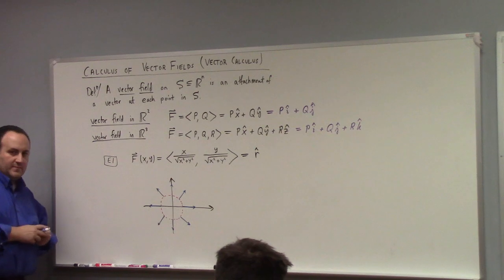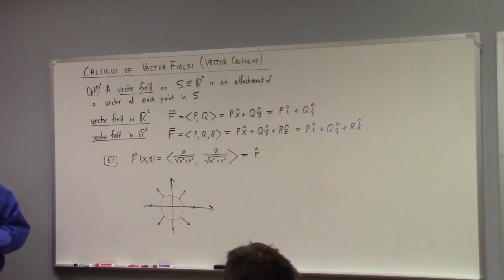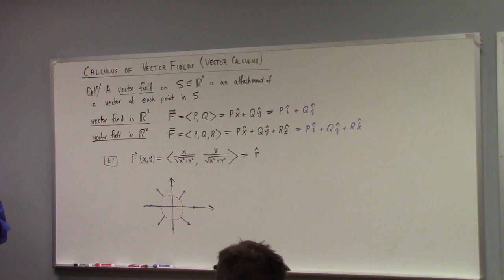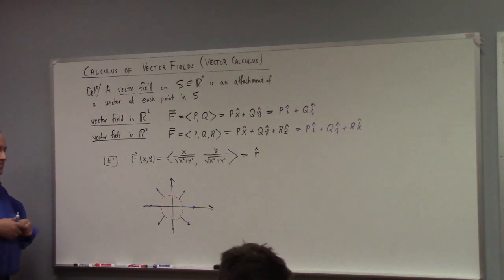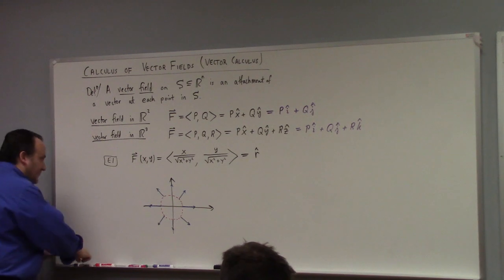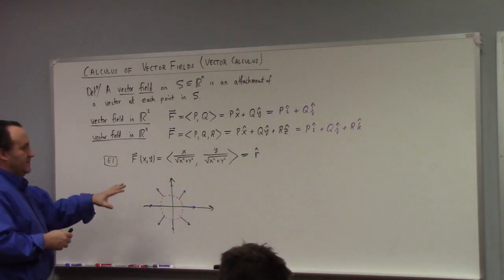And again, as we talked about before, when you're picturing a vector field, there are options. Sometimes you don't draw the vectors to scale. You're more interested in the picture indicating the directionality of the vector field. Okay, so let me remind you. So this vector field, right?